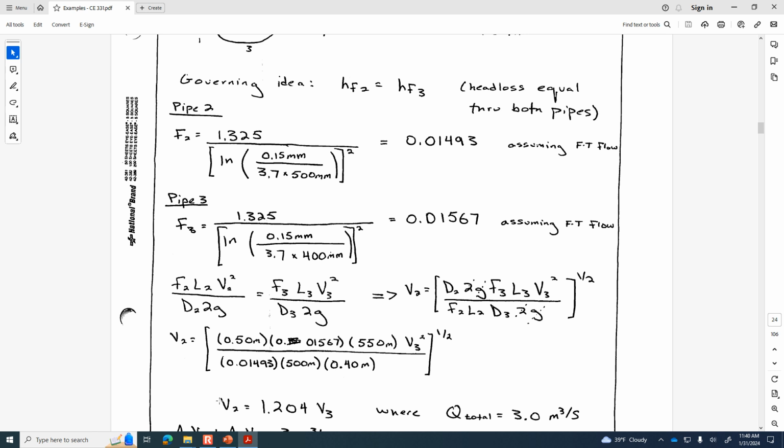All right. Why are these two equations equal? Why does the head loss through pipe 2 equal the head loss through pipe 3? Because they're meeting back together. Because the flow will be such that the head loss is equal, regardless of route.